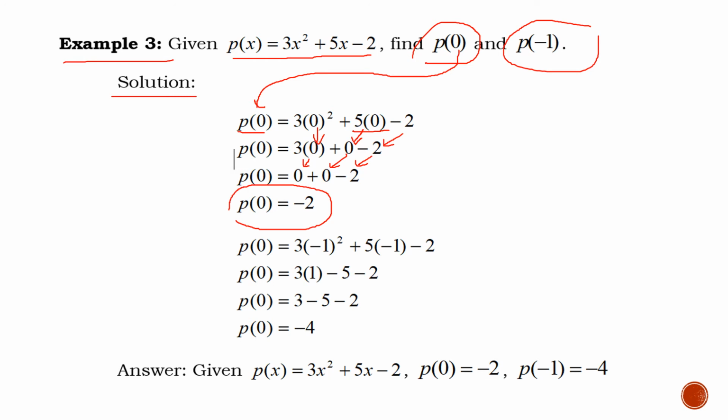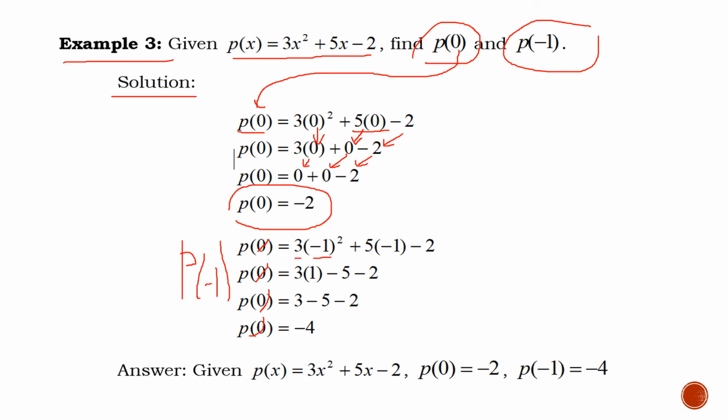Now, what will be the value of phi of negative 1? So phi of negative 1 is equal to 3 multiplied by negative 1.